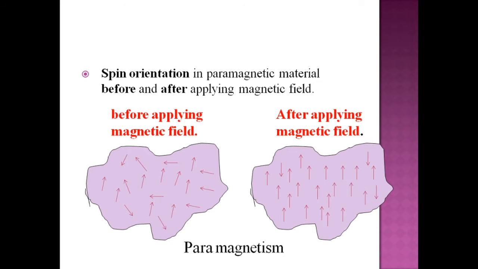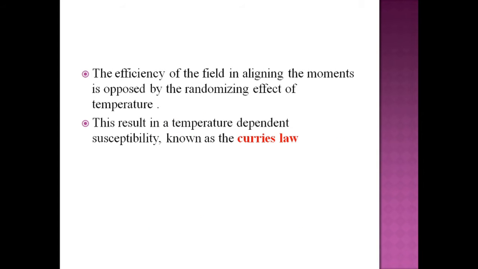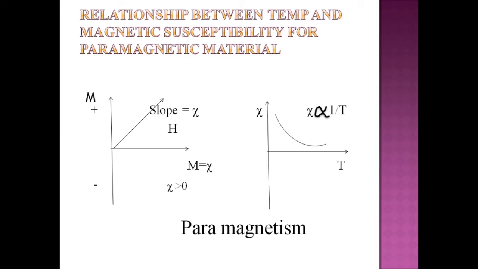Paramagnetic susceptibility is independent of the applied field. This is the idea about paramagnetic susceptibility, in which we see what is Curie's law.